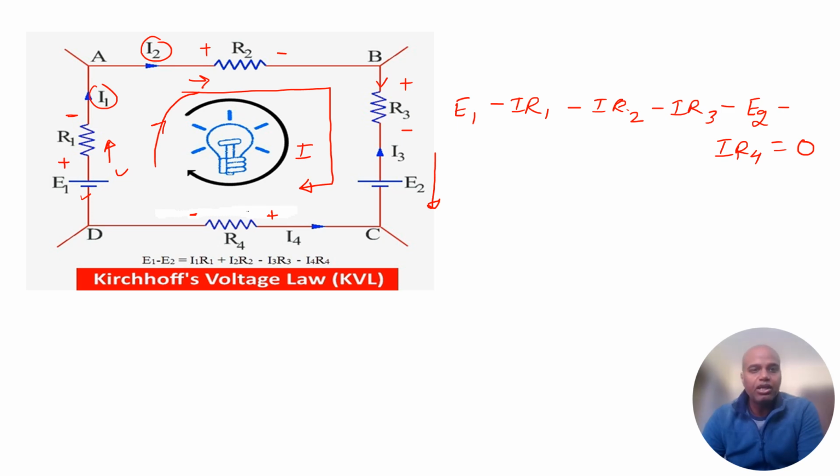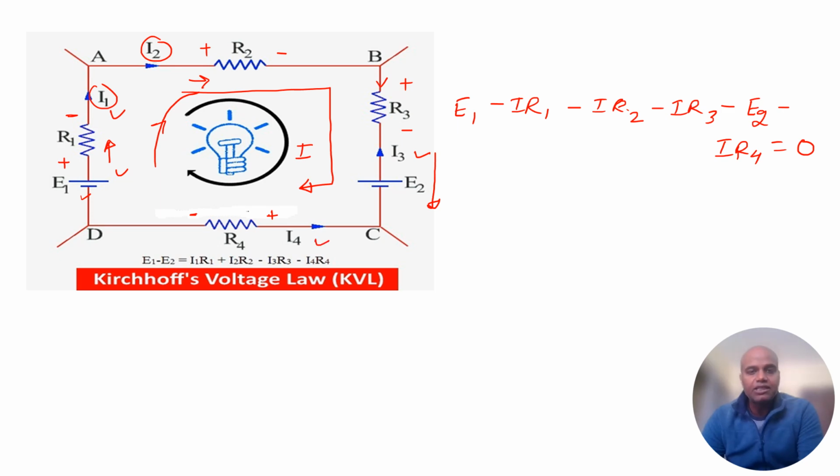Similarly, we can consider that the currents for all the branches are already given differently. Let's say the current is I1 over here, the current in this branch is I2, the current in this branch is I3, and the current in this branch is I4.